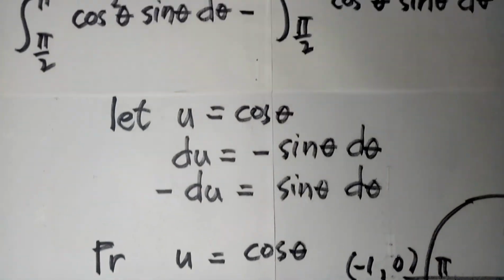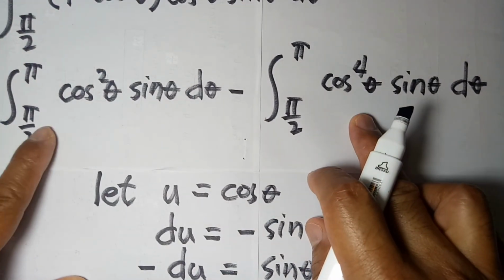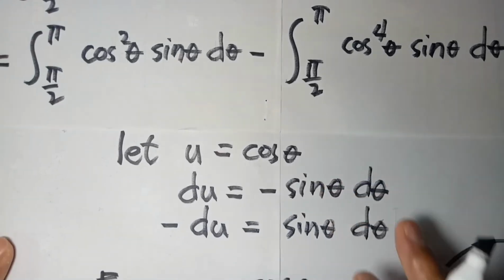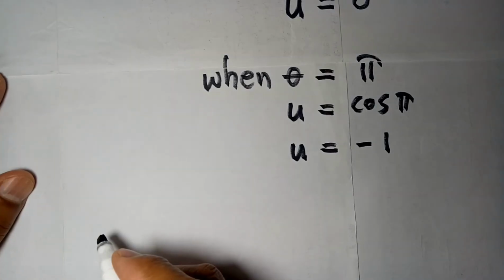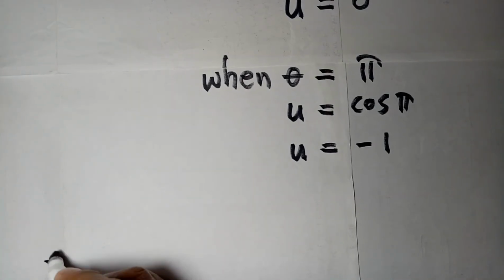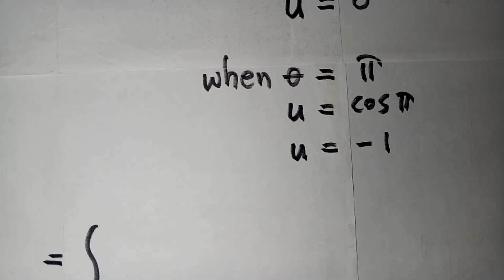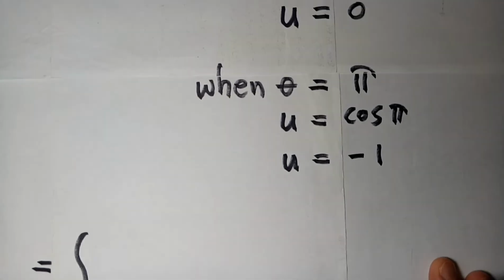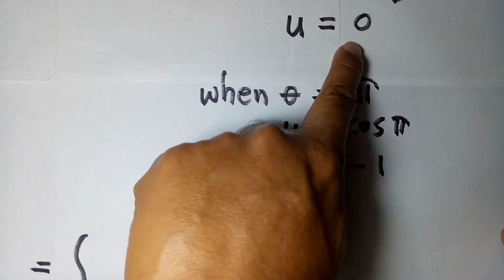So, let us now write these integrals in terms of u. So, we will have integral. So, the lower limit in terms of u now equals 0.